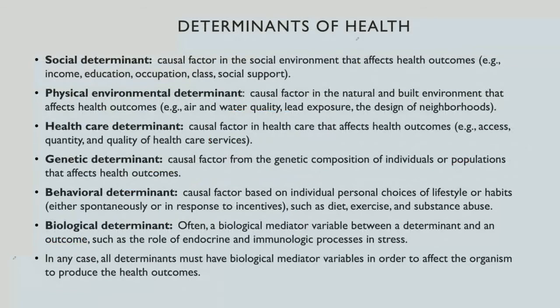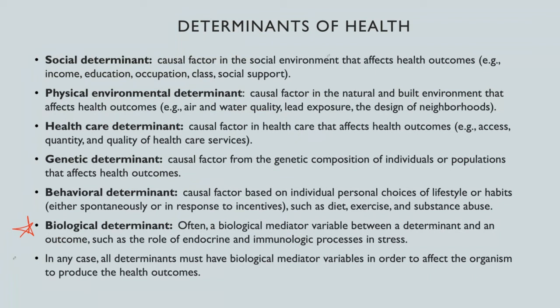And what are the determinants of health? There are social, physical, healthcare, genetic, behavioral, and biological determinants. All of these factors are associated with diseases, but in any case, there has to be a biological determinant to explain the disease.